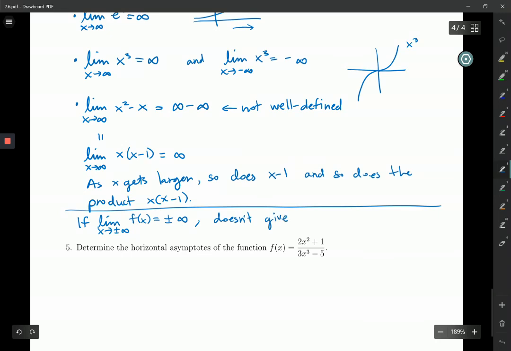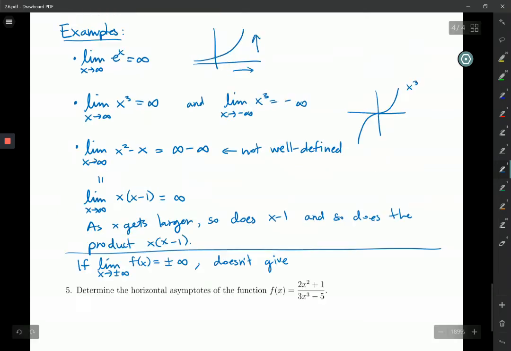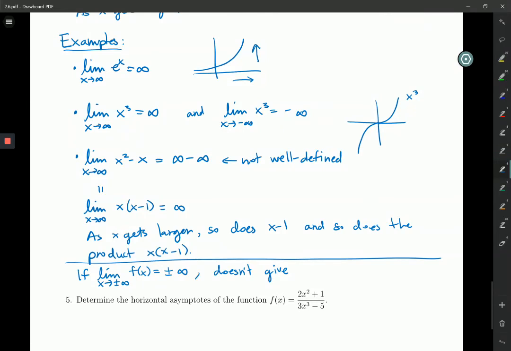Remember that in our definition of horizontal asymptote, I said that the L it was approaching had to be a finite number. So if we do get infinity, that doesn't mean we have a horizontal asymptote. You can see, if you look at these graphs, you wouldn't say that x cubed has a horizontal asymptote at infinity, right? So it doesn't give a horizontal asymptote.